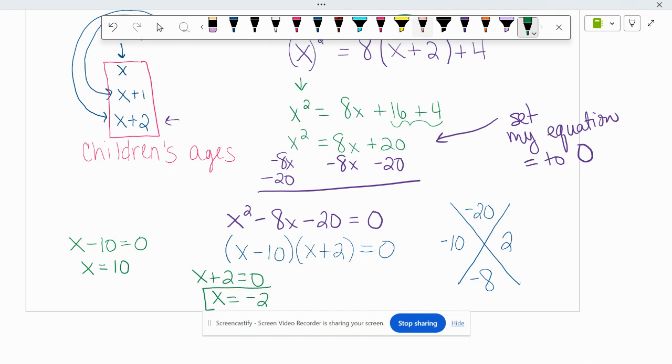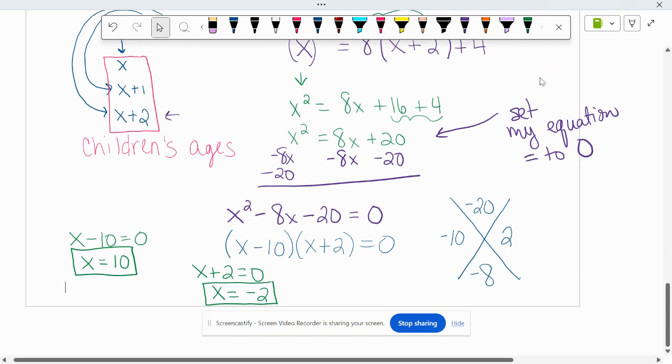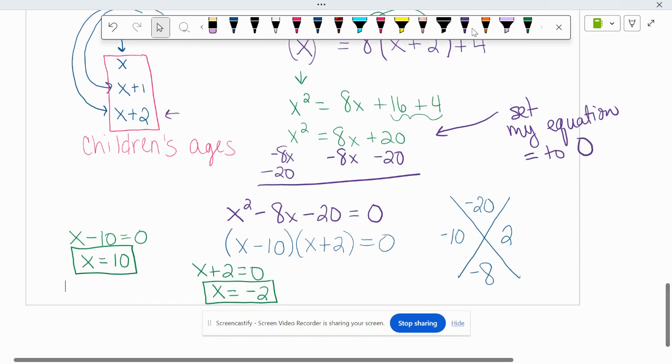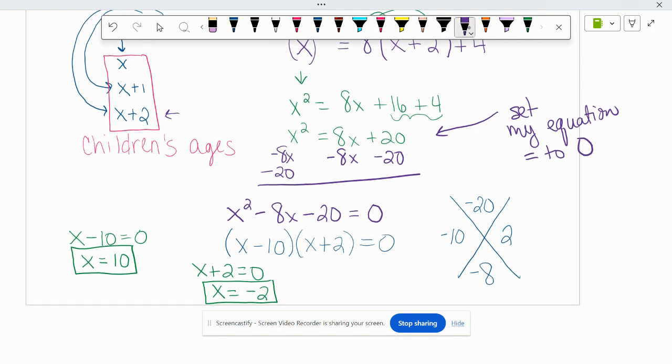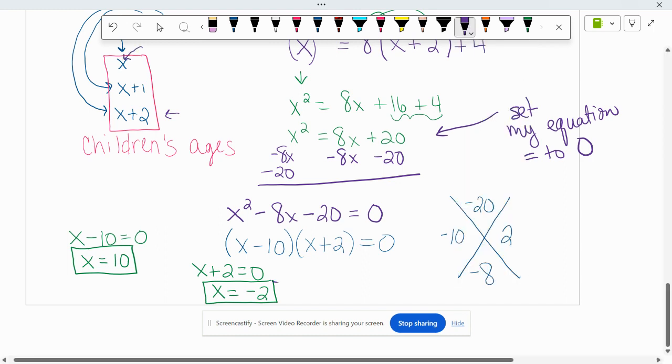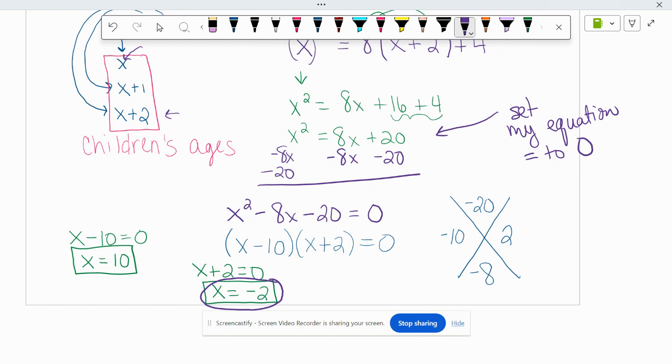Now remember that these 2 numbers are supposed to represent the ages of children. So can the youngest child be negative 2 years old? Does that make sense? Is that possible?